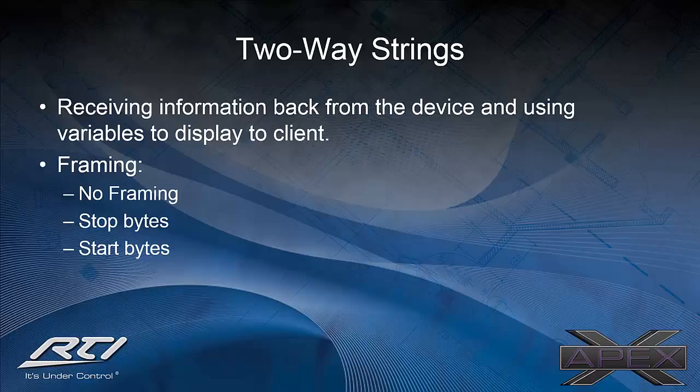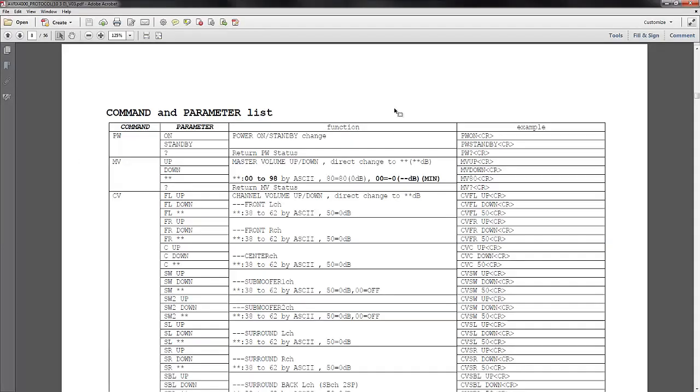So what you'll find is that the data will come in, and most protocols will have this. And matter of fact, fairly often it's a carriage return. I think in that Denon one we saw it was a carriage return as well. Every command ended in a carriage return. Yeah, if you look at the examples, they all end in carriage return.